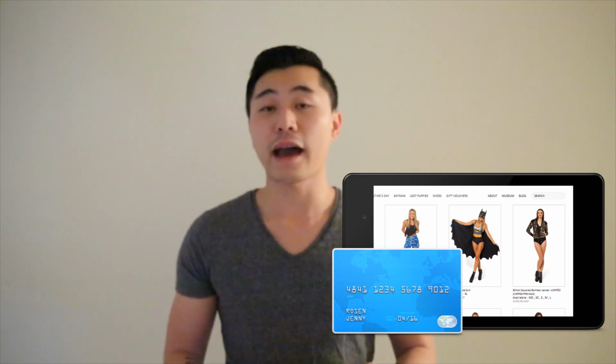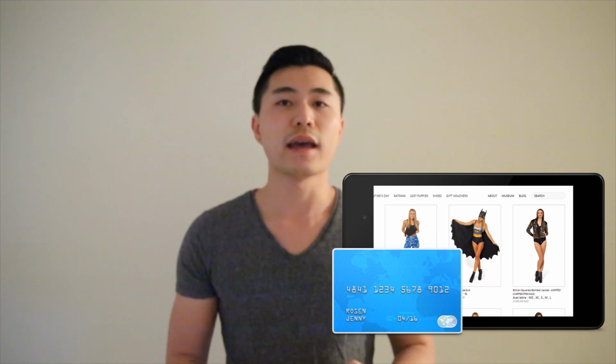So what is Stripe.com? Well, Stripe.com, or just Stripe, is a payment gateway plus a merchant processor. Basically, what that means in simple terms is that you can take credit cards directly online from your website.